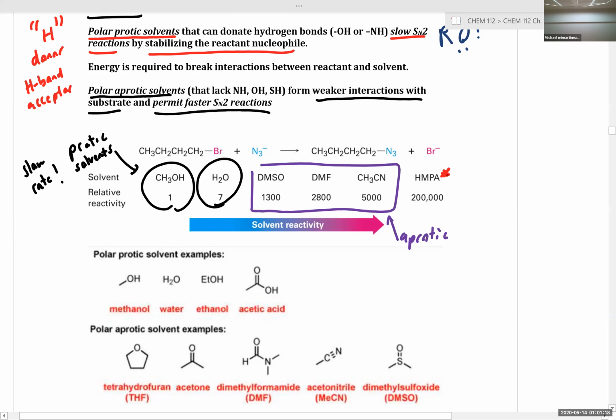HMPA is a little bit special in that it is also really wonderful for activating anions and nucleophiles. Hexamethylphosphoramide, it's not a fun solvent to use because it's hard to remove and it's relatively carcinogenic, but it's really wonderful for activating anions and nucleophiles, just in case you were curious.